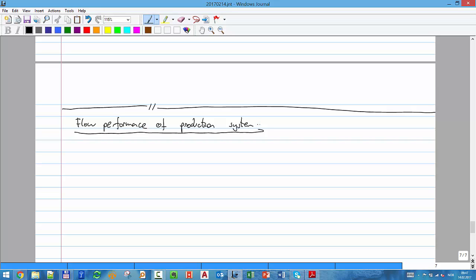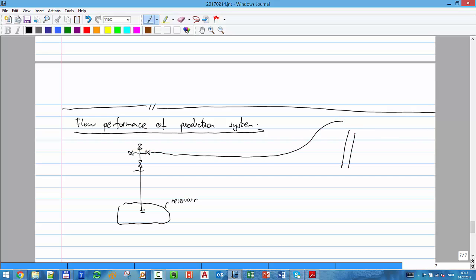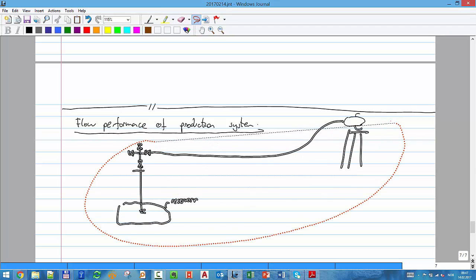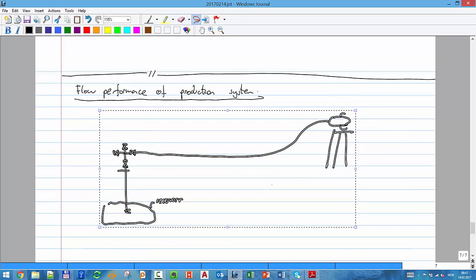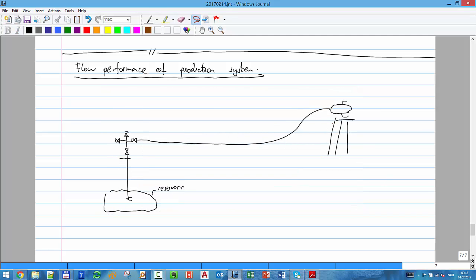By production system, I'm referring to, if we make a very simplified system, our reservoir, our well that we already discussed with all the valves, and a pipeline, and at the end, for example, a platform. So by production system, I mean everything from the reservoir to the separation facilities.